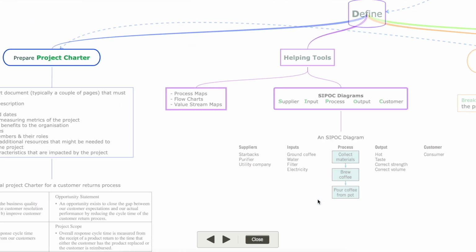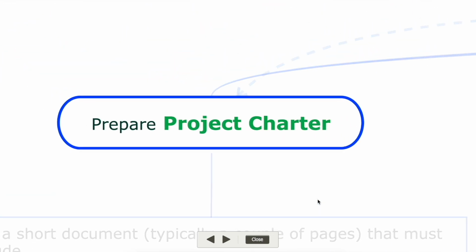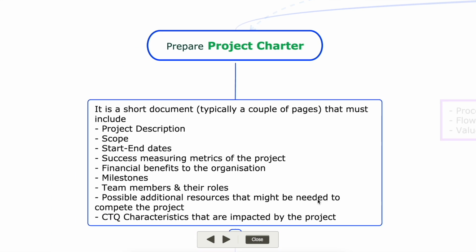After we have done all this, we must come up with a project charter at the end of this step. The project charter is typically a short document, a couple of pages, and it should include: number one, project description, scope of the project, and start and end dates of the project. The project is the one that will help in improving the existing process.